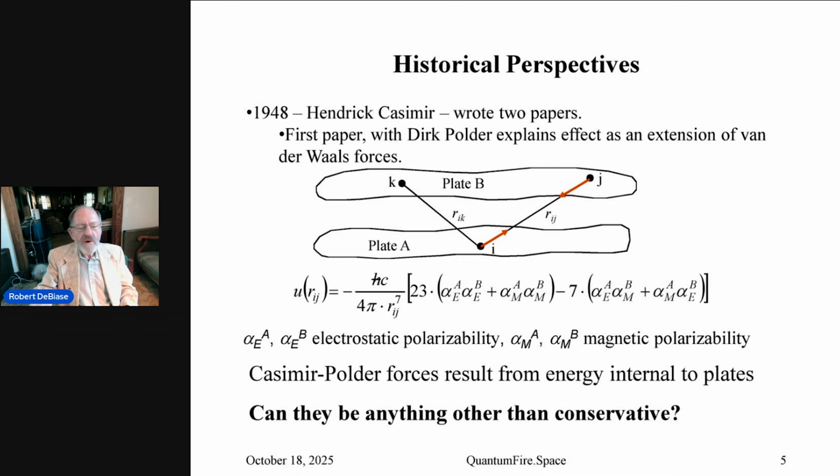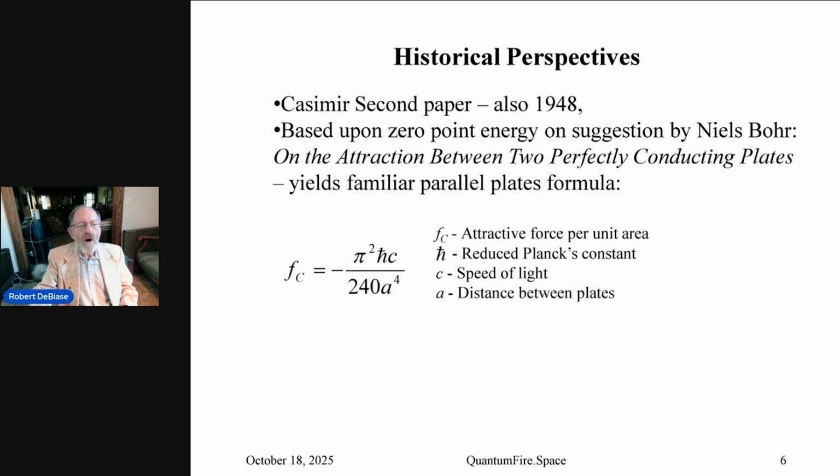All right, what happened here? Oh, okay. And Casimir's second paper, also in 1948, is based upon the zero-point energy as suggested by Niels Bohr, and the paper was on the attraction between two perfectly conducting plates.